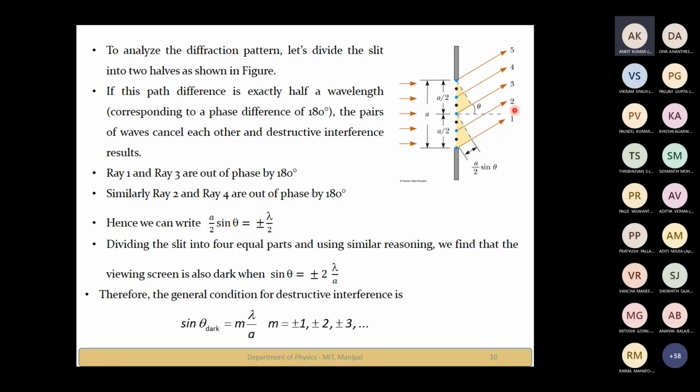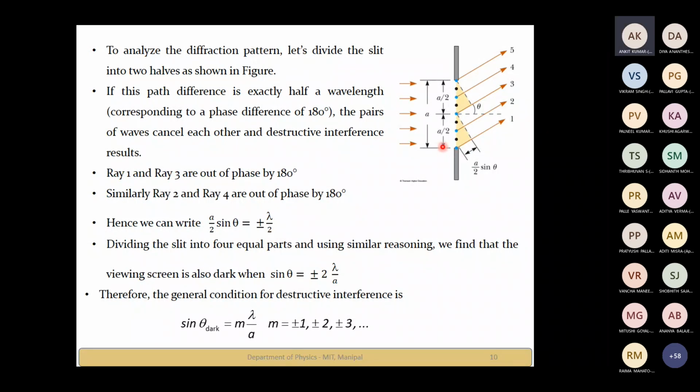So we can write the path difference as A by 2 sin theta equal to plus or minus lambda by 2, because the two above the central maxima you can take, and again you have the dark bands below, so you can take it as minus for convention. So plus or minus lambda by 2 will produce a destructive interference.